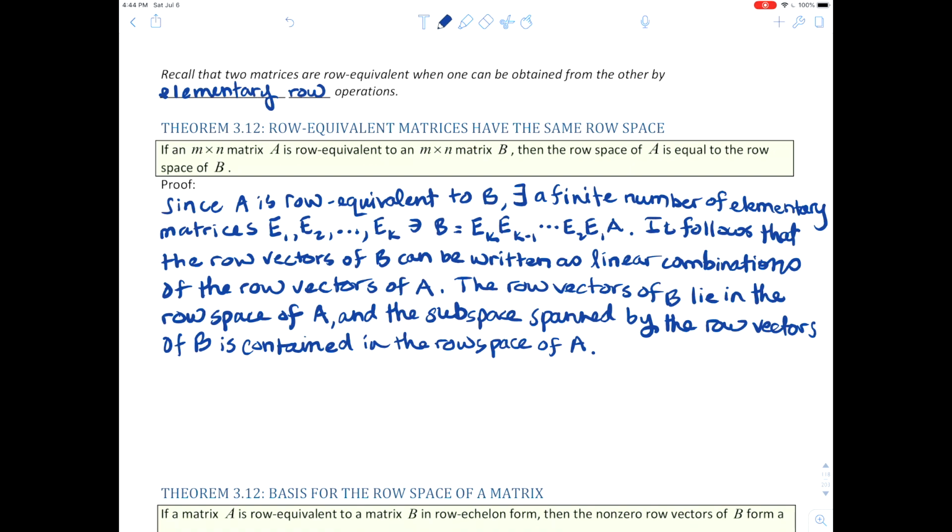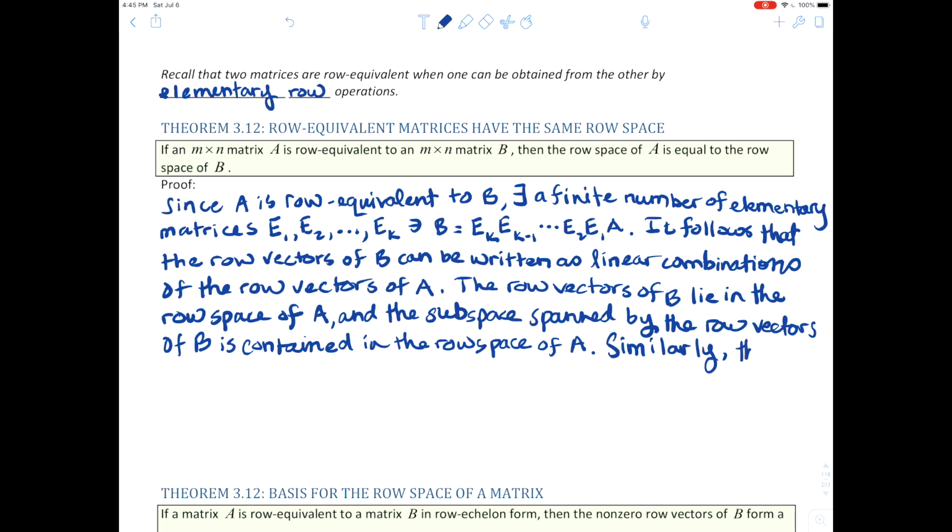So what we've shown here is that the row space of B is a subspace of the row space of A. Okay? Similarly, you can go through the whole thing again, and it's really the same proof, just switched around a little bit.